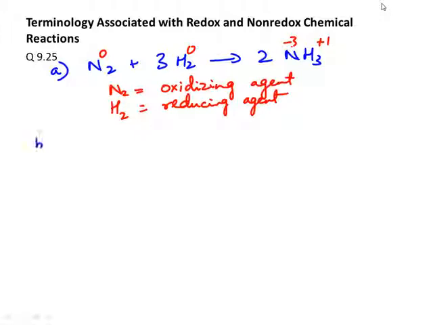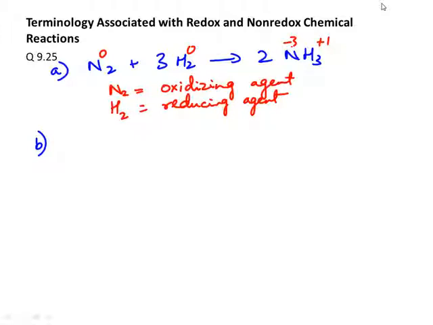So once again, I'm not going to go through the whole analysis, but if you look at each of the same reactions as the question before, the substance that is getting oxidized is the reducing agent, and the substance that is being reduced is the oxidizing agent.